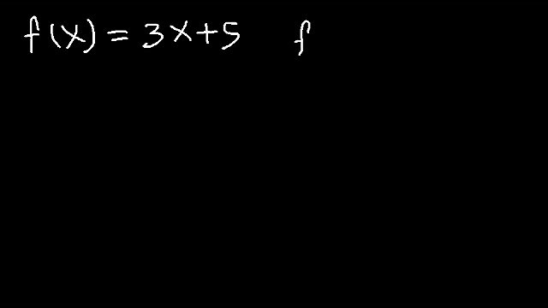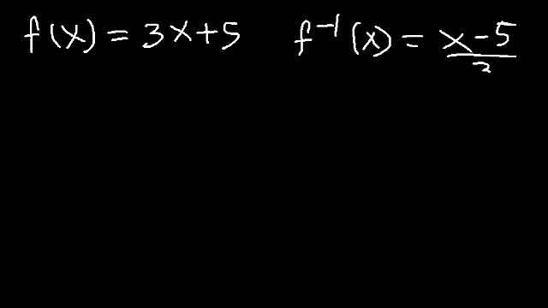Now, going back to the last example, we said that f of x is equal to 3x plus 5, and the inverse is x minus 5 divided by 3. To prove that two functions are inverses of each other, you need to take the composite function.